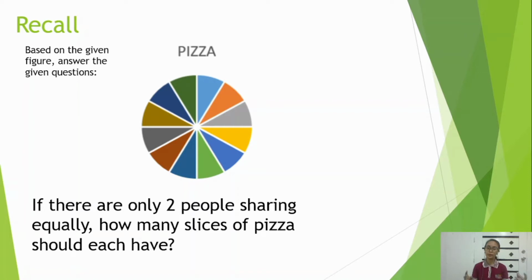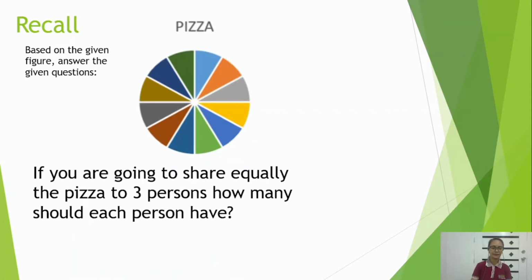So there are only 2 people eating the pizza. If they are given equal shares, based on our given earlier, there are 12 slices of pizza. If you give the two people sharing the pizza, how many does each get? Yes, the answer is 6. Each has 6 slices of pizza, because they are sharing equally.